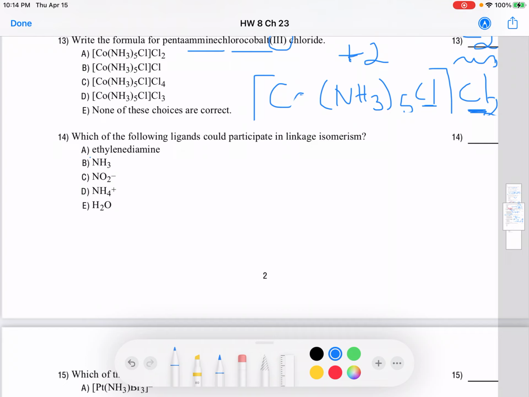Ethylenediamine cannot participate in linkage isomerism; it's just a bidentate ligand. Ammonia also has only 1. And NO2 can: one time it can coordinate through nitrogen, and another time through oxygen, but not at the same time. So NO2 can participate in linkage isomerism.